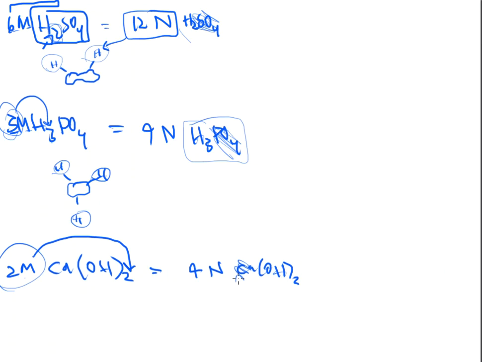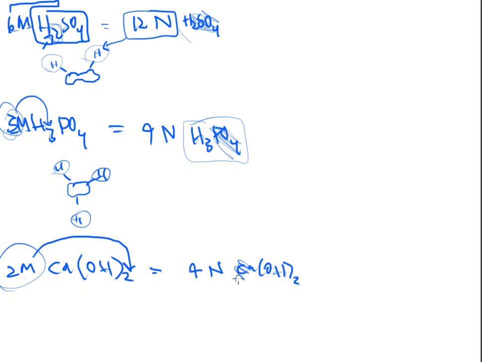We like to have more background information. We like to know where that's coming from, what molecule is actually present in that container. So we write the entire thing, but we have to understand that that is representative of the proton in terms of an acid, or a proton acceptor / hydroxide in terms of a base. So that's the relationship between molarity and normality.